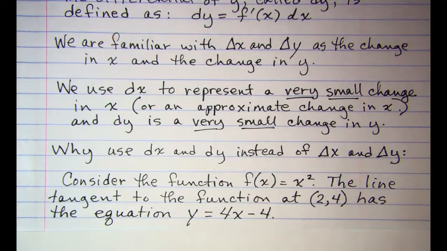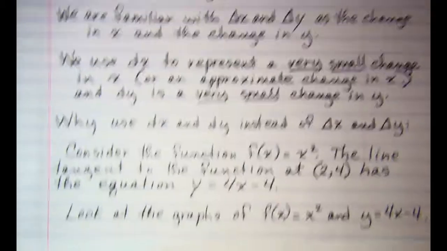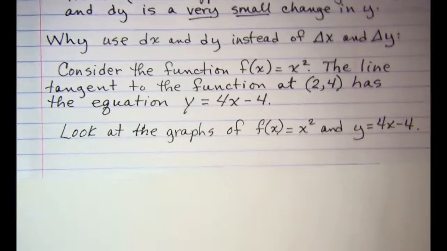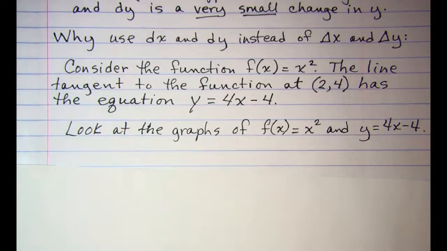Let's consider the function f of x equal x squared. The line tangent to that function at the point (2, 4) has the equation y equals 4x minus 4. Let's look at the graphs of these two functions and see what happens.